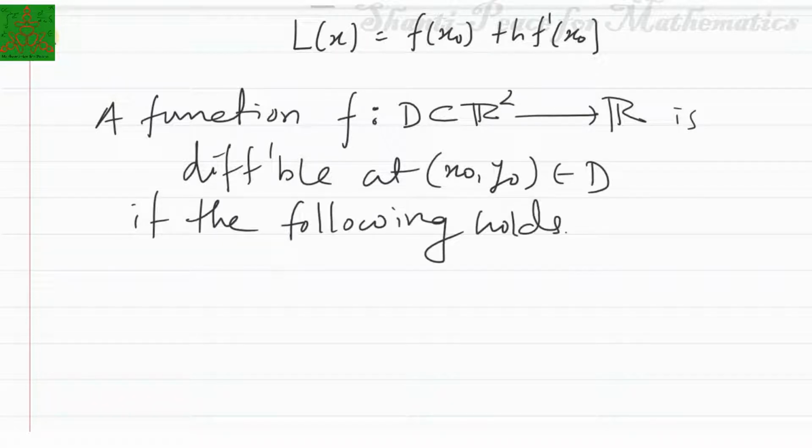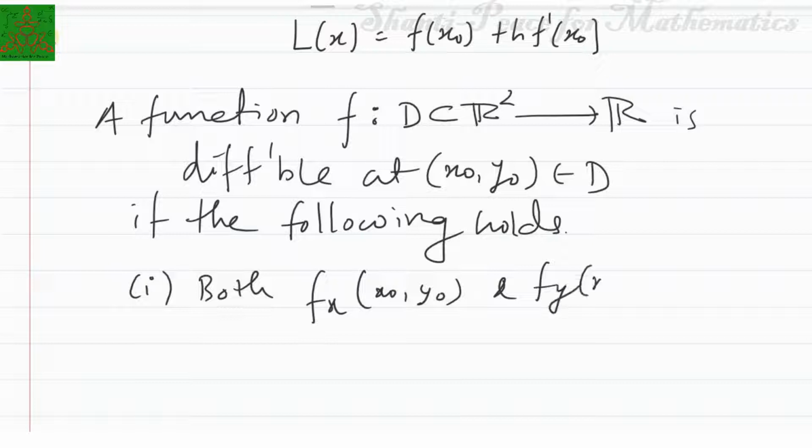First, both fx at x0, y0 and fy at x0, y0 exist. It means both the partial derivatives exist.